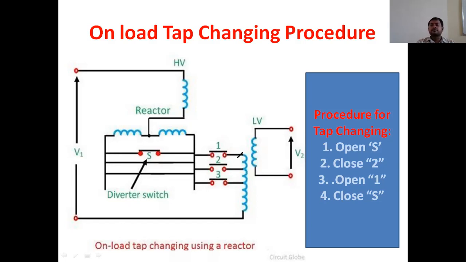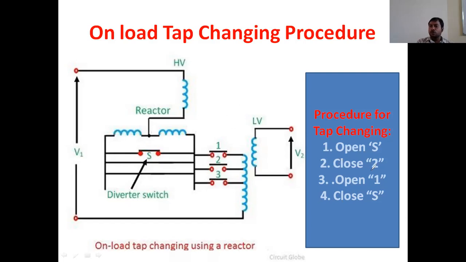So first of all, let us see the procedure of on-load tap changing. Step one is to open the switch S, the diverter switch. If we disconnect the switch, the reactors will pick up the current.